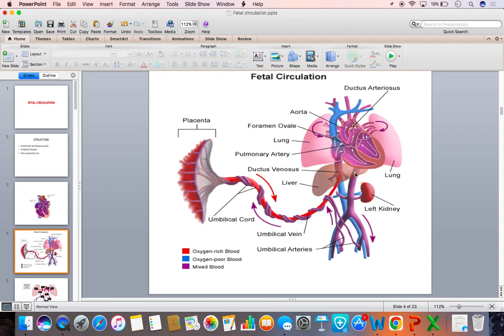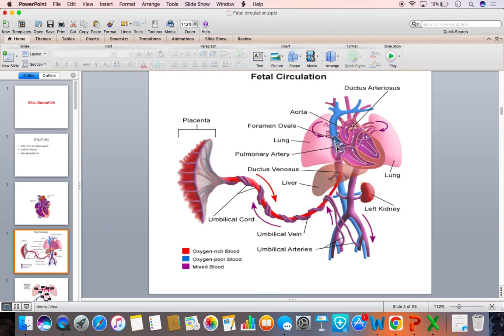So that means the fetal heart has got the four chambers as it is there in the adults. So right atrium receives the venous return from the superior vena cava, a deoxygenated blood from the upper extremities, a mixed blood from the inferior vena cava, that is inferior vena caval blood mixed with the blood of the umbilical vein through ductus venosus.